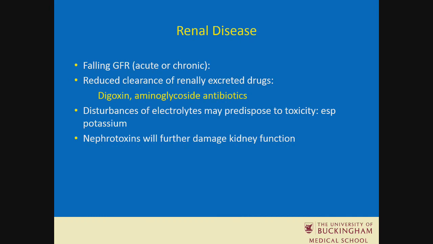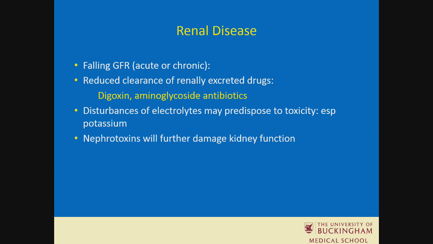So, for example, digoxin, a heart pill, and aminoglycoside antibiotics like gentamicin, those are things whose excretion is going to be impaired in people with renal disease. And the problem with digoxin is that it's got a very narrow therapeutic window, so you don't need that much accumulation to tip it over into adverse effects. So that's quite nasty.